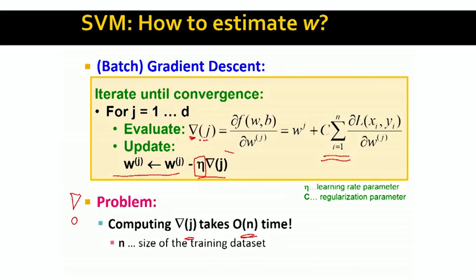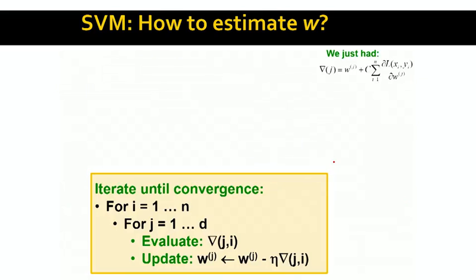So if we want to do, let's say, 100 steps of gradient descent, we have to scan over our training data 100 times, which means that this method will be super slow when we have large amounts of data. And the question is, can we do this faster? Can we still do gradient descent while not needing to traverse the whole data set to do one step of the gradient descent?